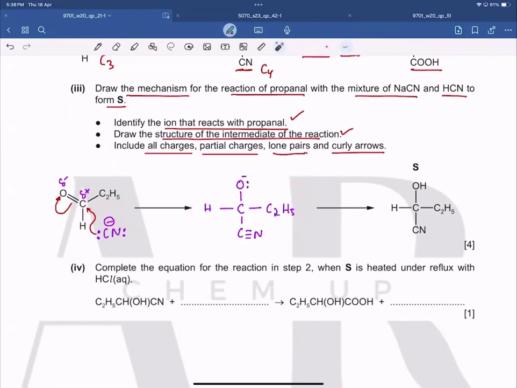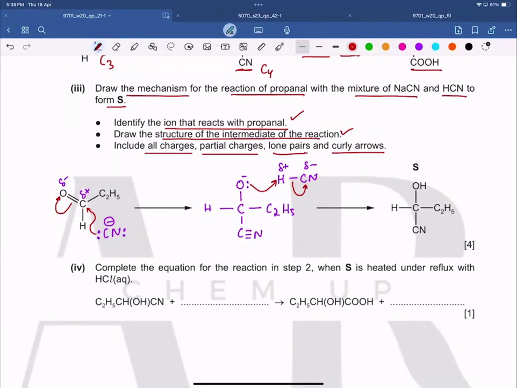No, it's not. So if the examiner asks you to write the whole mechanism, then you will write HCN like this with a partial positive hydrogen and partial negative CN, and a curly arrow from the lone pair of oxygen towards the hydrogen, and a curly arrow from this bond to the CN. Okay, is this clear to all of you?